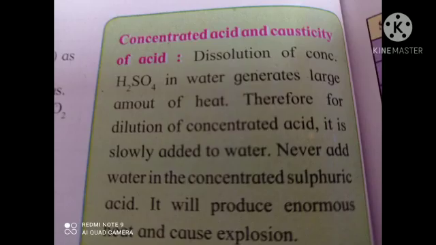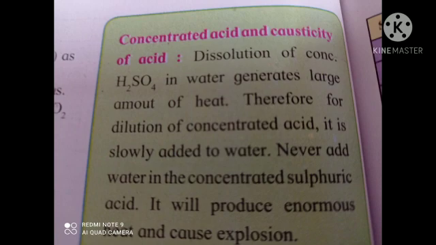Lastly, we will see concentrated acid and dilute acid. Dissolution of H2SO4 in water generates a large amount of heat. Therefore, to dilute concentrated acid, it is slowly added to water. Never add water to concentrated sulfuric acid.